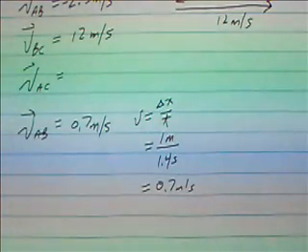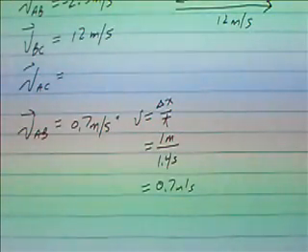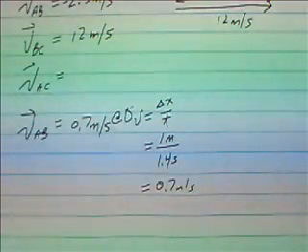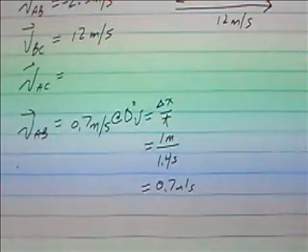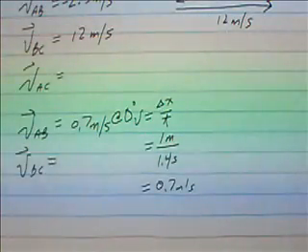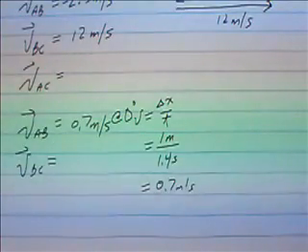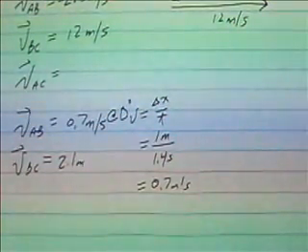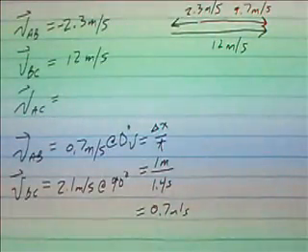We know that he's going due east, so at 0 degrees, or east. And then it's also given in the problem that the velocity of the moving sidewalk relative to the ground is 2.1 meters per second north, so 2.1 meters per second at 90 degrees.